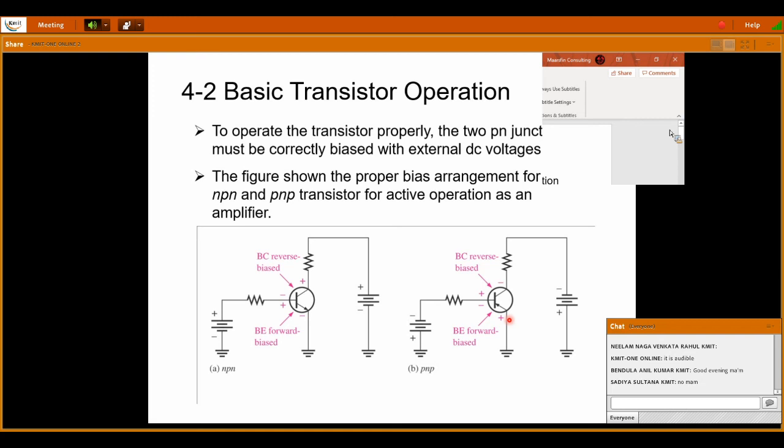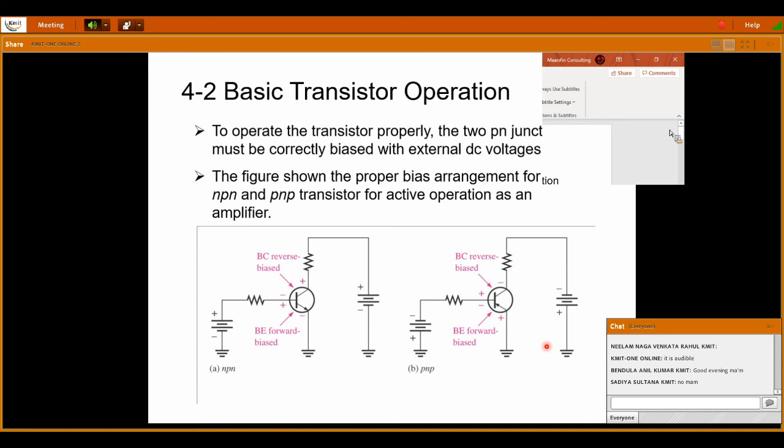As I already said, if I want to use it as an amplifier, the output junction must be reverse biased and the input junction forward biased. If I want to use it as a logical off switch, I have to apply a reverse bias on your input junction. Then both junctions become reverse biased, and your transistor will move into the cutoff region. Hence the first region of operation is the cutoff region.